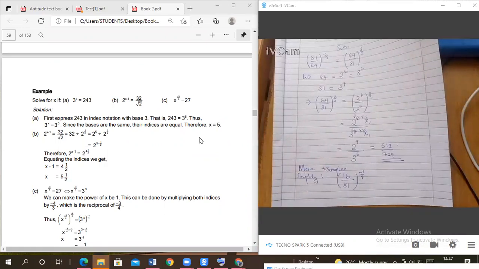Then to get the reciprocal, you have to change it. 3 to the power 4, 4 to the power 2.